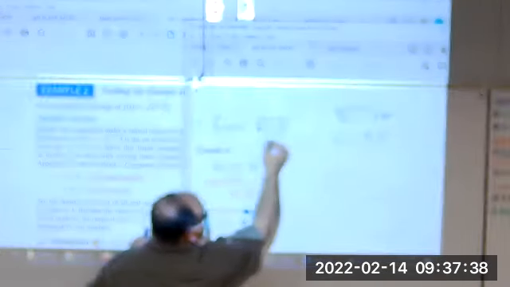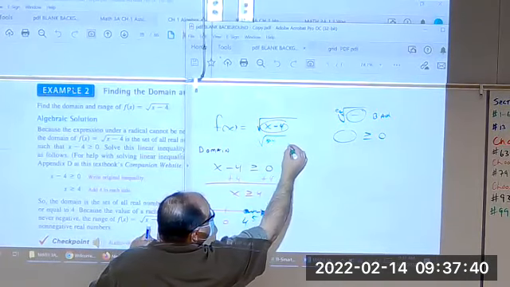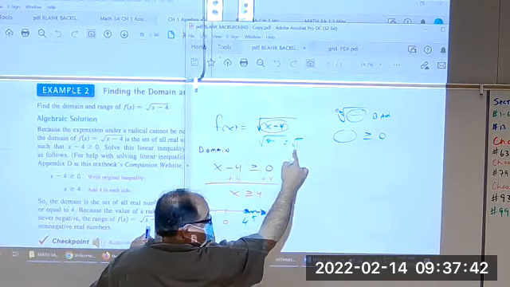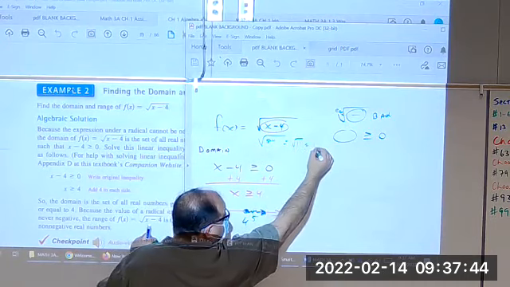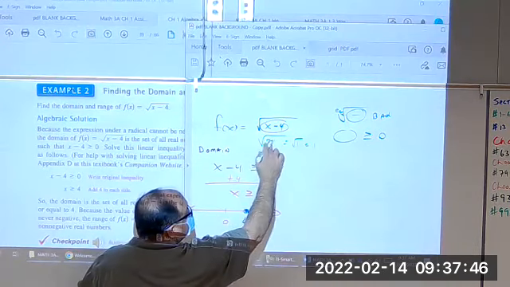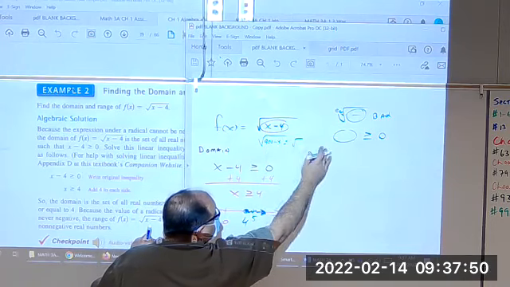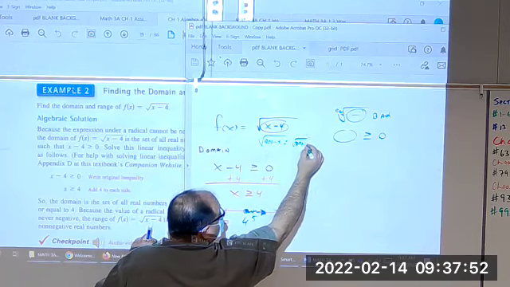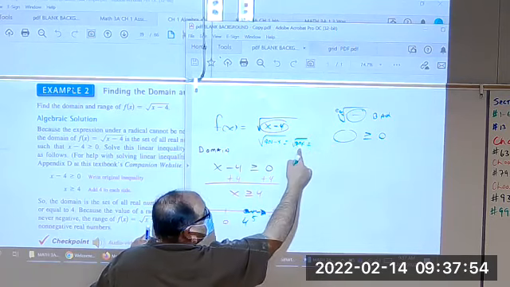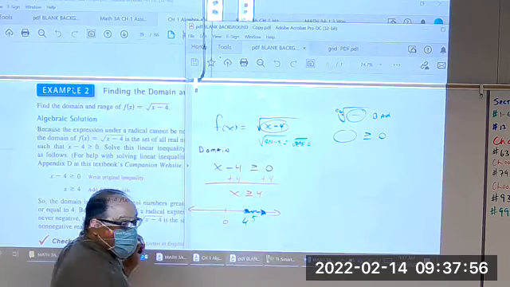Plugging in 5: 5 minus 4 is the square root of 1, that's equal to 1. 900: 900 minus 4 is the square root of 896. I don't know and I don't care what that equals, but I know that it's the square root of a positive.